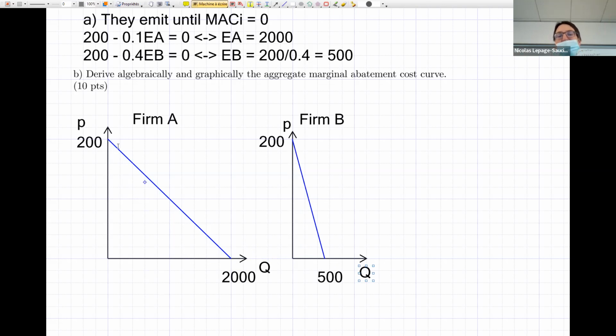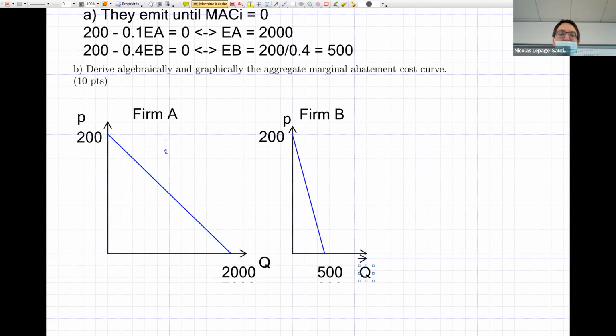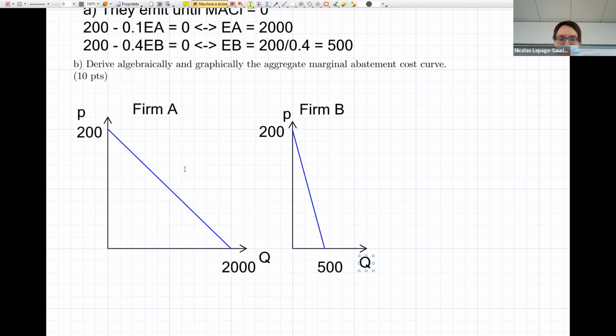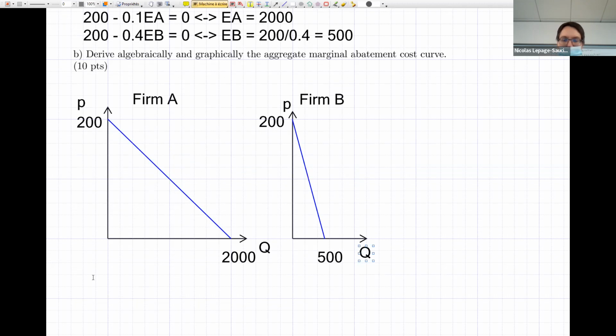But what's nice here is both start at 200. I'm not saying that's going to be like this at the exam, so be ready for the worst. But let's do it. Here I'm going to draw.